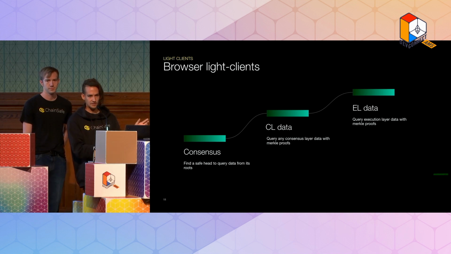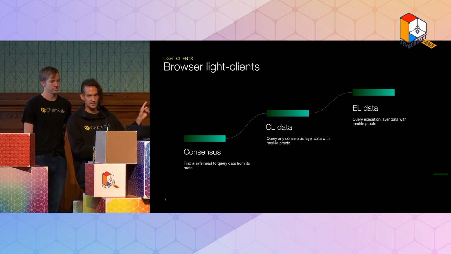So the journey of a browser-like client is to first acquire the tip of the chain. We can do that in different ways, but as a consensus implementation, we know that we can do better than just trusting some party. So we're going to explain how that works.